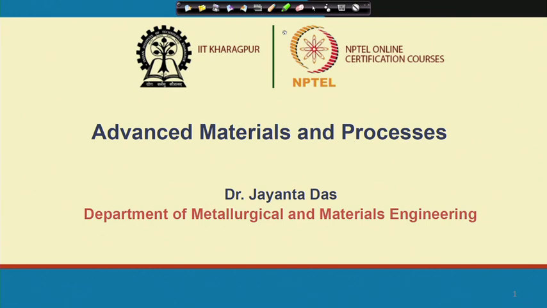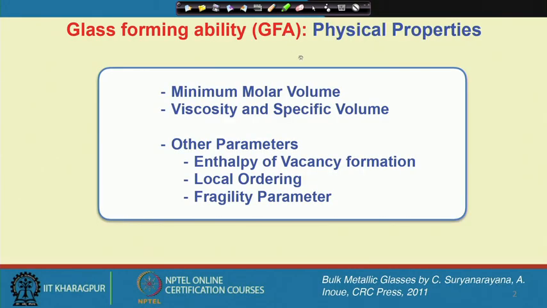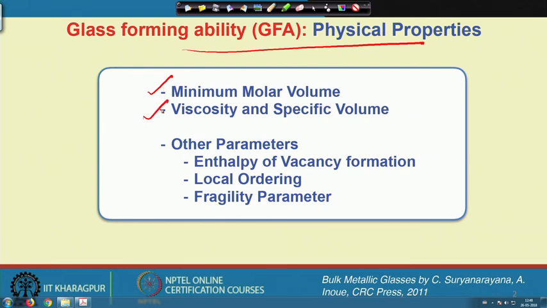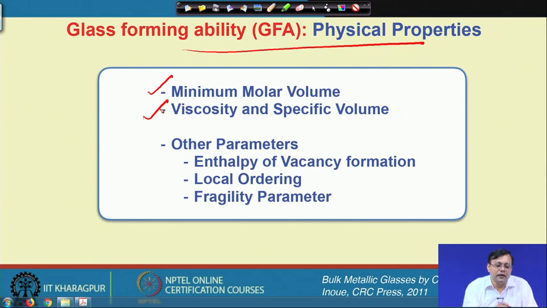Today we will continue that discussion and see how different physical properties are correlated with the glass forming ability of the alloy. Along this line, we find that physical properties like the minimum molar volume and the viscosity of the liquid are also important in order to explain a good or bad glass forming ability of a designed alloy.